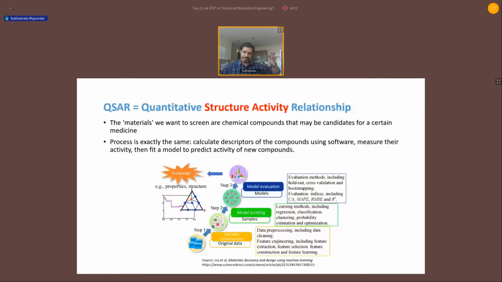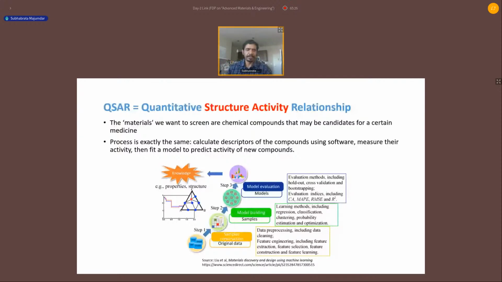You are trying to correlate the inherent structure that is there in a chemical compound, for example, the number of double bonds in the compound or the number of carbon atoms in the compound. Of course, the actual descriptors are more complicated than this, but I'm just giving an example. So you want to correlate these inherent structures of chemical compounds that we can measure and observe to certain properties where you don't really know the cause-effect relationship between the compound and the function completely.